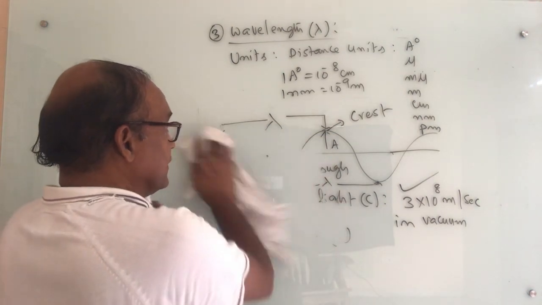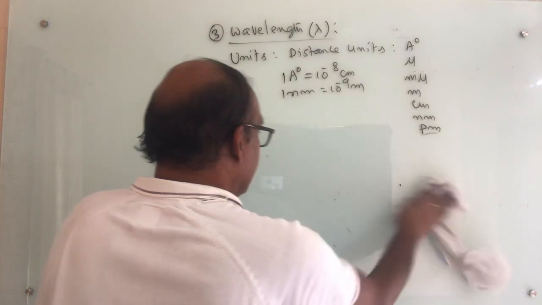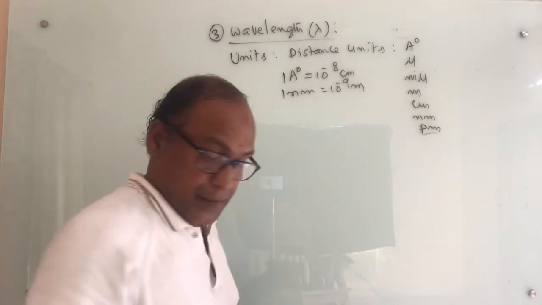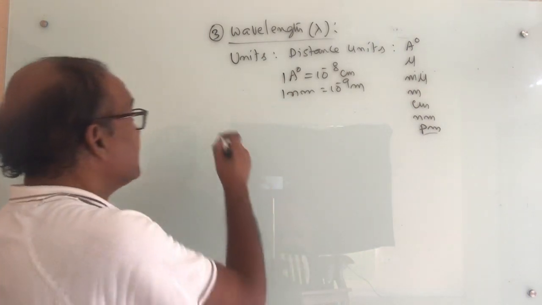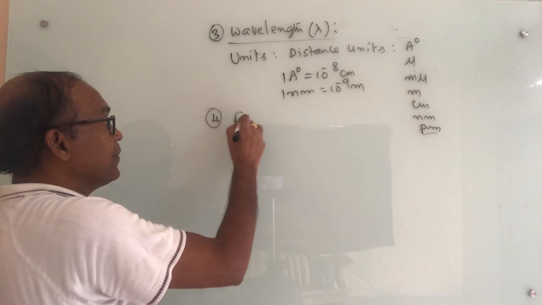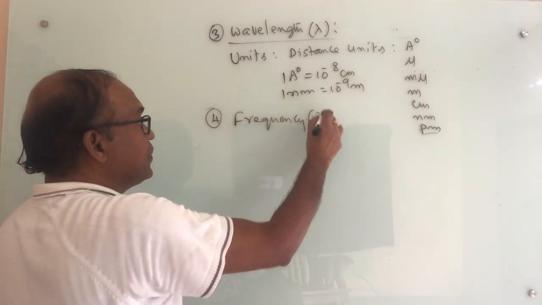Next is the frequency. Fourth property is the frequency, nu.